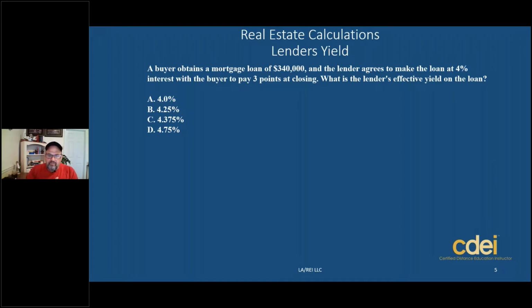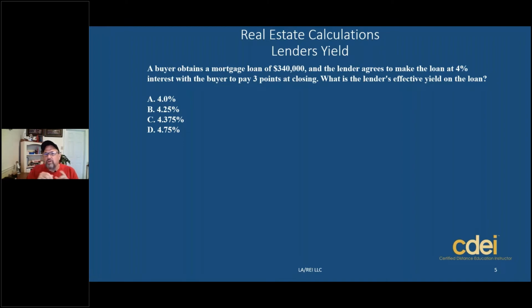Now, very important that you understand this. In the finance section, when we talk about discount points, that is a cost to the buyer. It's going to be a debit to the buyer on the closing form if they buy points, which is paying interest on the loan up front. That's going to be charged on the actual closing disclosure form.